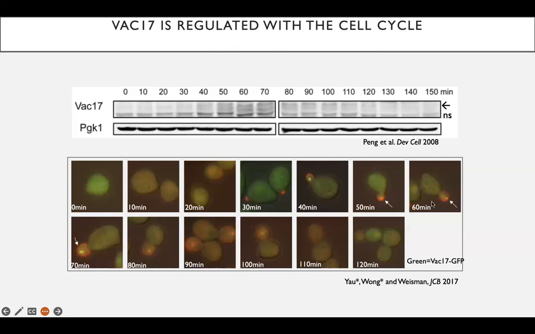It's still there as the bud continues to grow. You still have VAC17 GFP, and then eventually it becomes degraded where you can no longer see it until the cell gets large enough that it divides away.